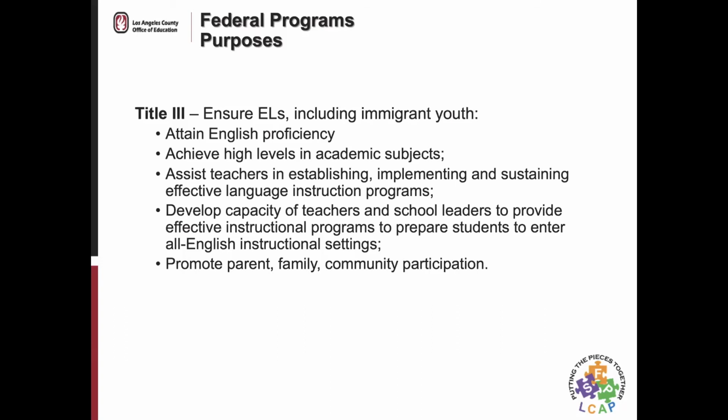So it's a two-pronged goal, that it's academic achievement and English proficiency, not one or the other. And also we have supporting teachers in implementing programs, developing the capacity of teachers to help English learners. And finally, parent and family engagement, which was added this year as one of the intents and purposes for Title III. So when you're looking at use of funds, first cut, does it fall under those areas and does it meet the intents and purposes?